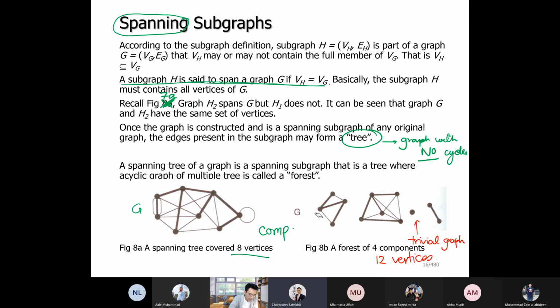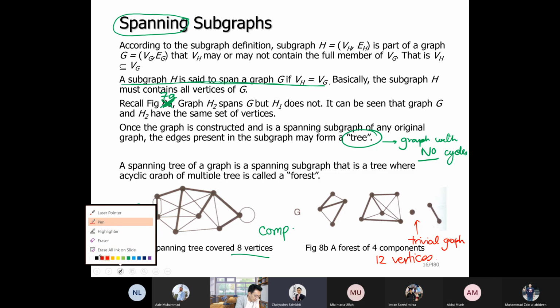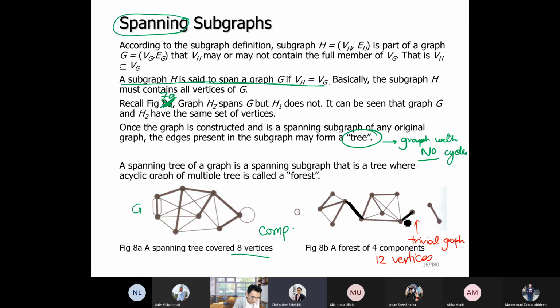But if I draw like this, let's try the black pen. This is a spanning subgraph of the original graph, right? Hold on, I'm sorry, I'll try to explain again.